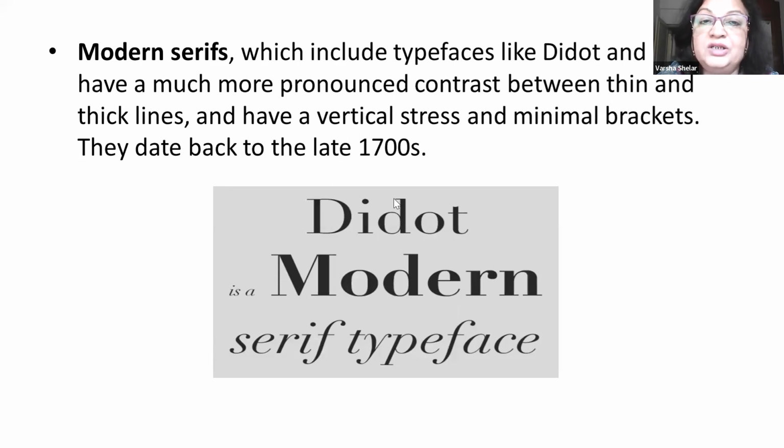Okay, so the vertical stroke and the horizontal stroke, see the difference between the thin and thick stroke. It's definitely looking more modern, more classy. As I was telling you, a lot of lifestyle products and fashion houses are using these types of fonts for their branding and communication.